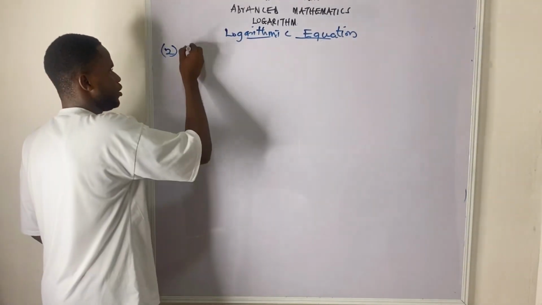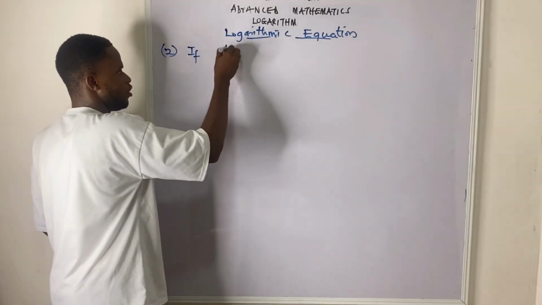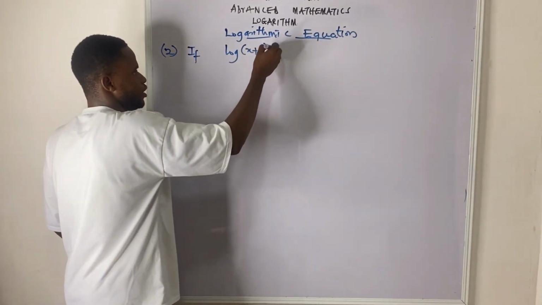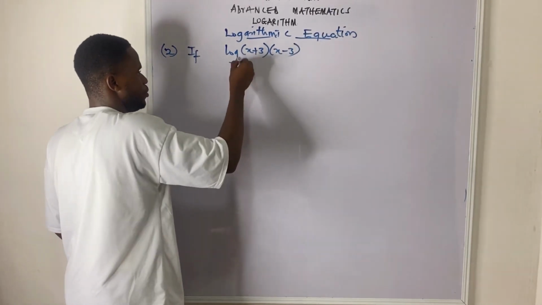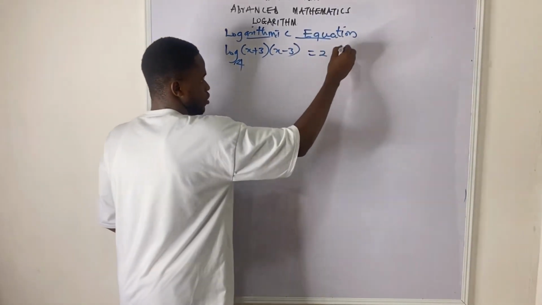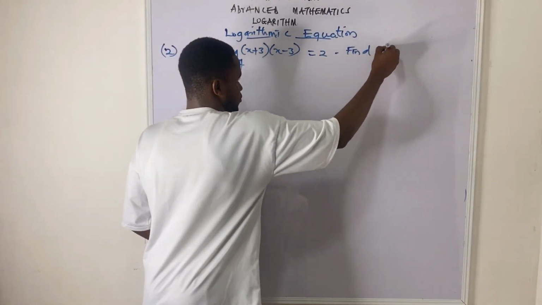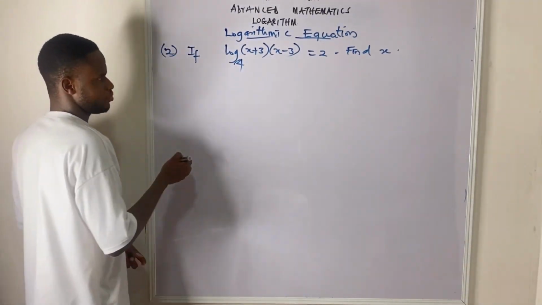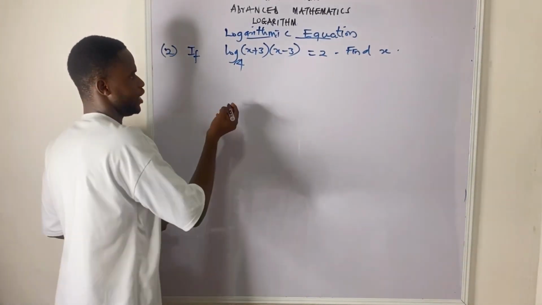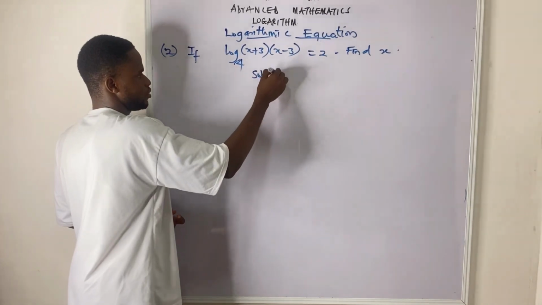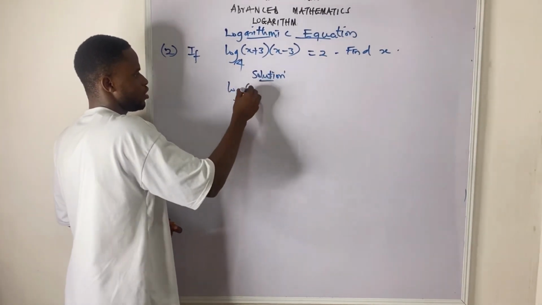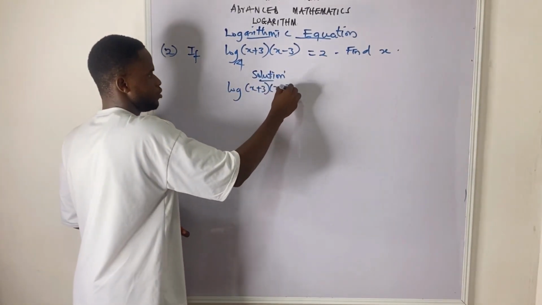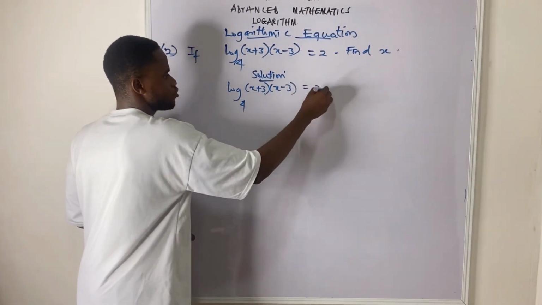Example 2. If we are given, let's say, log of x plus 3 into x minus 3 base 4 equals 2, and you have to find x. So, very simple. We are given log of x plus 3 into x minus 3 base 4 equals 2.